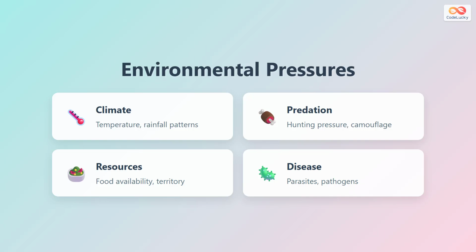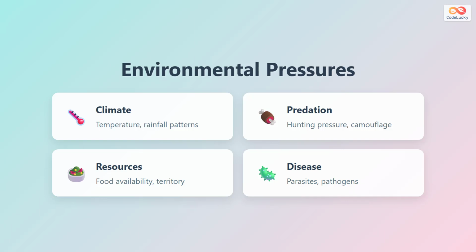Environmental pressures are the forces that determine which traits are advantageous. Climate factors like temperature and rainfall patterns create selection pressures. Animals adapted to cold climates develop thick fur, while those in hot regions evolve ways to dissipate heat. Predation pressure shapes traits like speed, camouflage, and defensive structures.